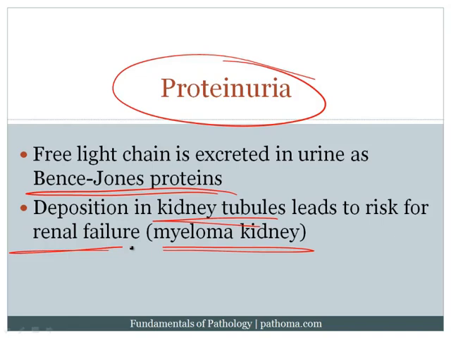And the third complication is that you're going to overproduce light chain, and the overproduced light chain will go into the blood, deposit in tissue as amyloid, go into the urine, come out as Bence-Jones proteins, and can possibly deposit in the kidneys, resulting in myeloma kidney. So I think that's a very easy and straightforward summary for multiple myeloma.